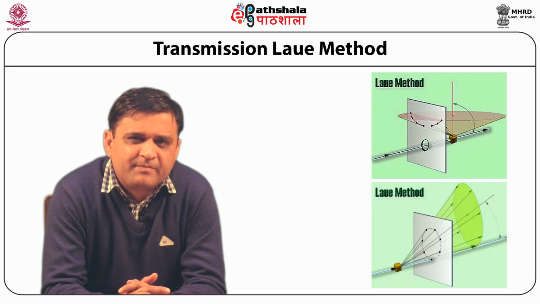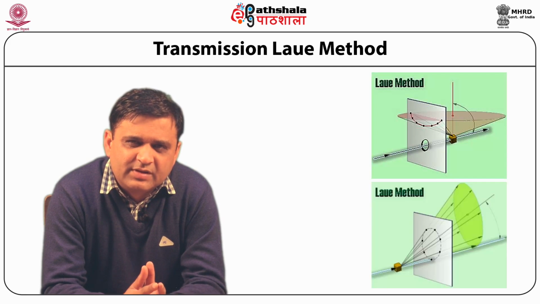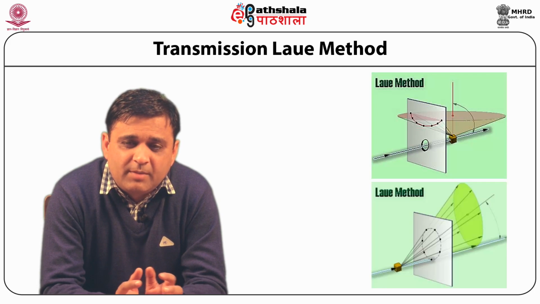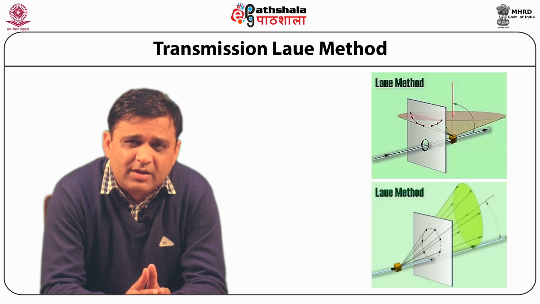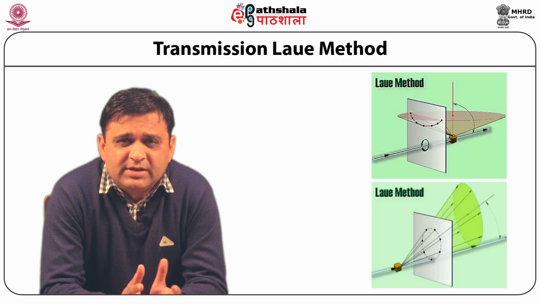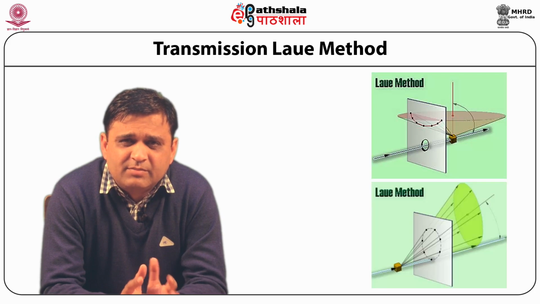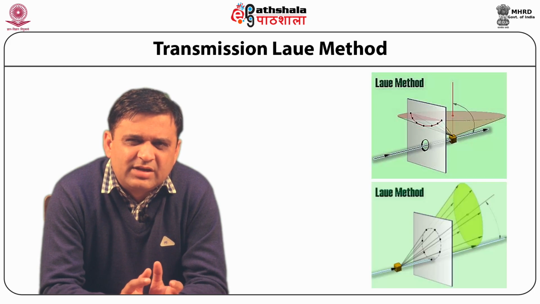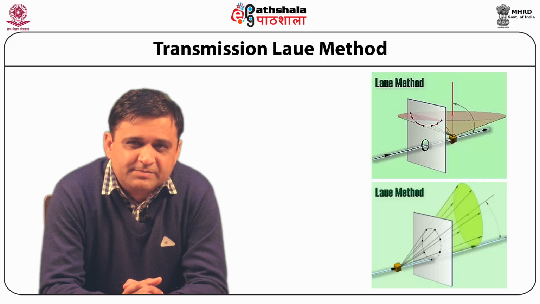So these diffraction spots here are actually a map of reciprocal space, or in other words we can say that they satisfy the Bragg diffraction condition, or law of diffraction condition. Apparently the Bragg diffraction condition 2d sin theta equals n lambda and the Laue condition delta k equals g appear different but they are the same, and you can derive a mathematical relation to show that basically these are two different statements of the same thing.